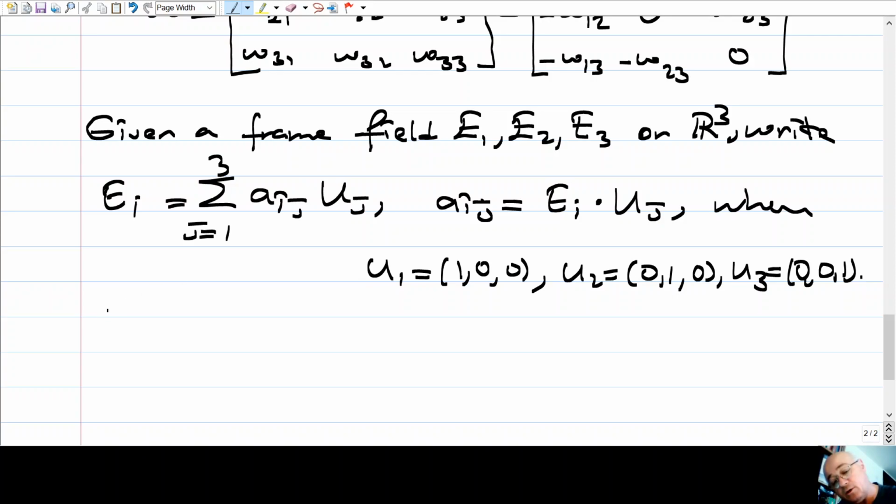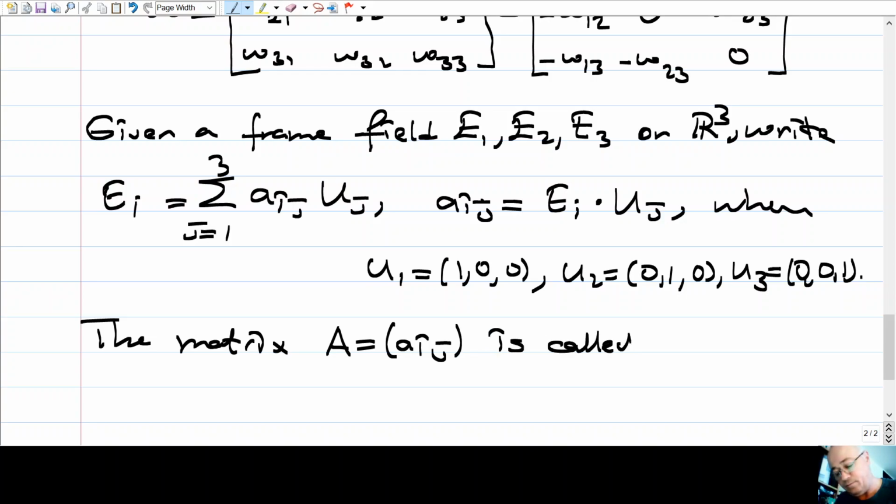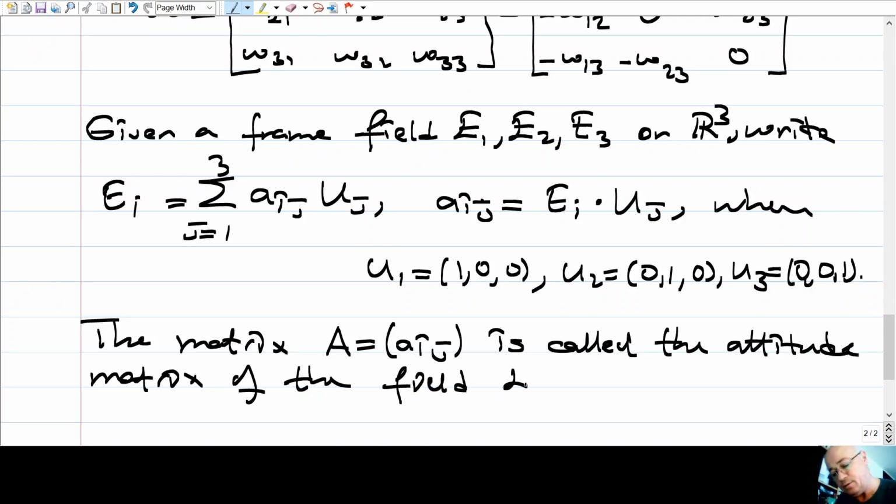The matrix whose elements are these aij's, let me write it this way, the matrix A of aij is called the attitude matrix of the field E1, E2, E3.